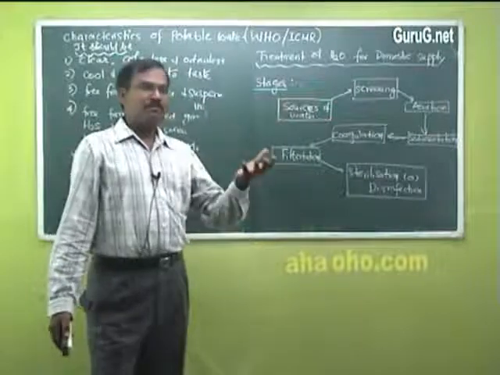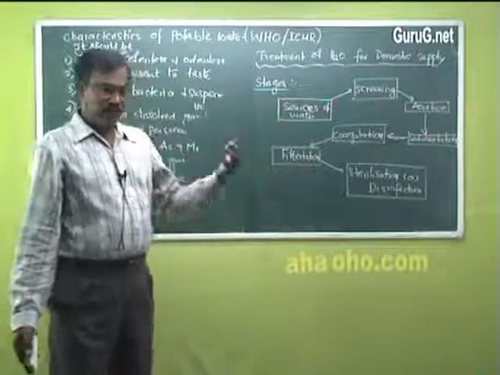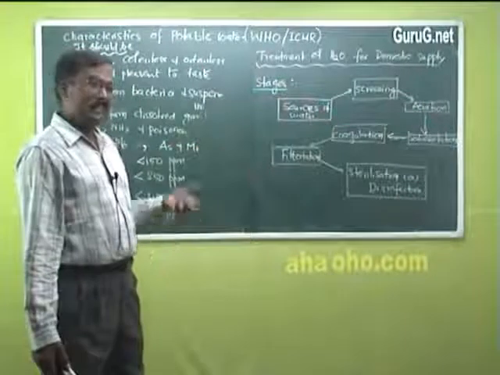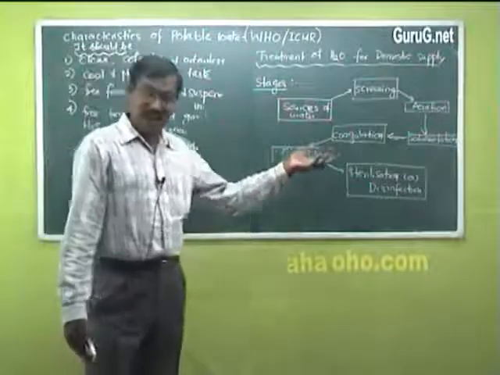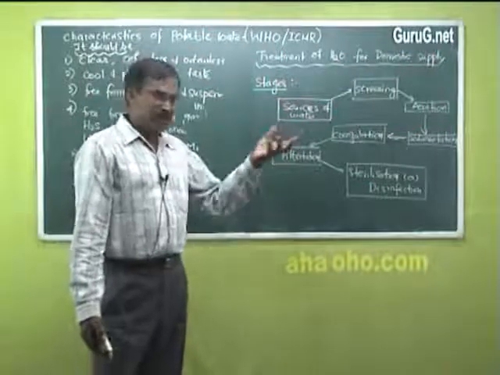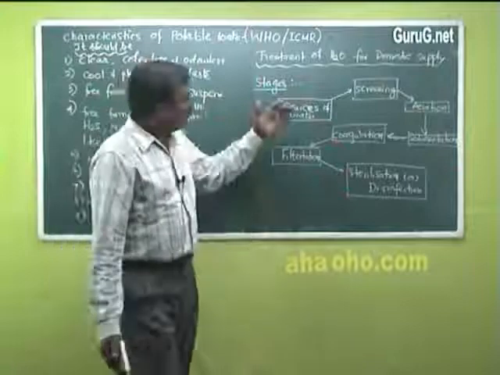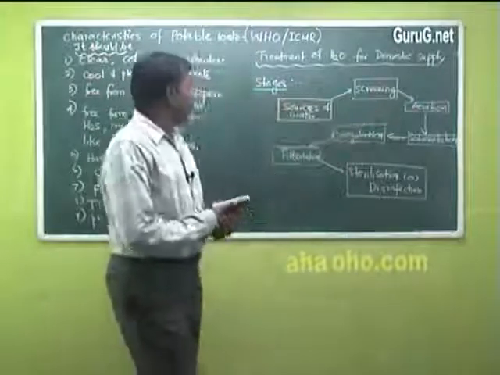Let me say water is collected from river sources or from a well. It may contain some inert materials, sometimes plant leaves and some wooden particles. That has to be screened before it is taken for the next process.